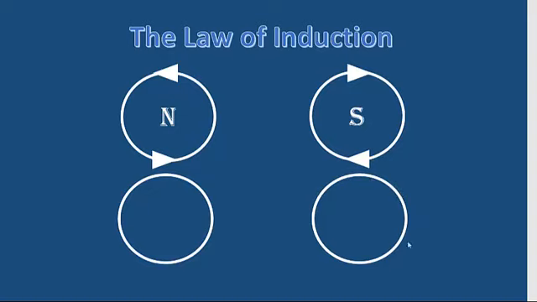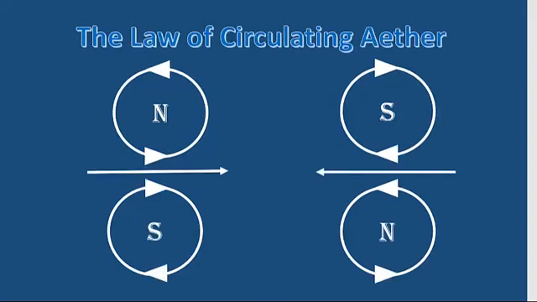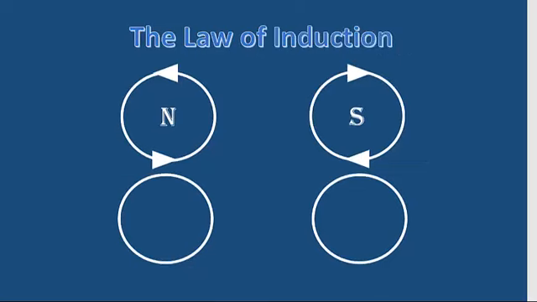And so you're going to get opposite circulation, and the cylinders are going to attract. Okay, so this is my convention that I'm going to be following to explain why two wires attract or repel when you have current flowing through them.